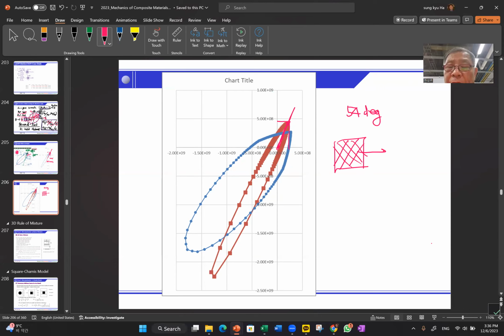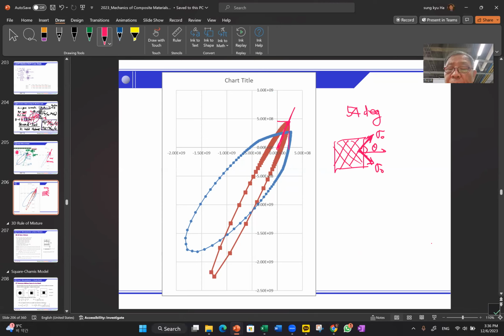Backward means that, let's say the fiber takes over all the load. This is the fiber, and this is sigma 0, and this is another sigma 0, and this is the angle. And let's say there is no other load, the fiber carries all the load.